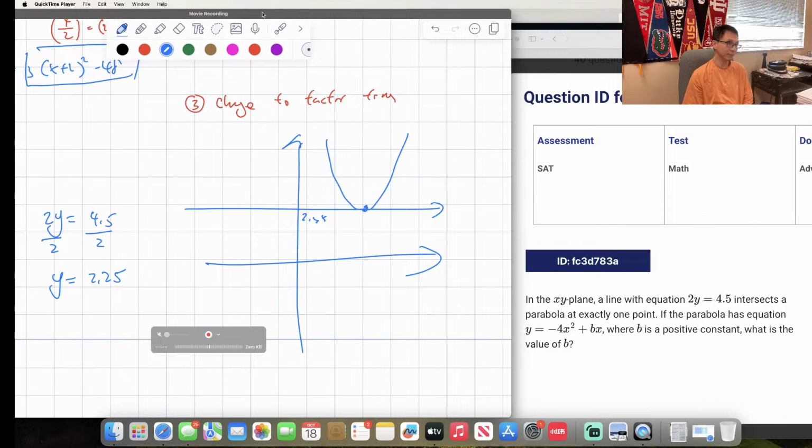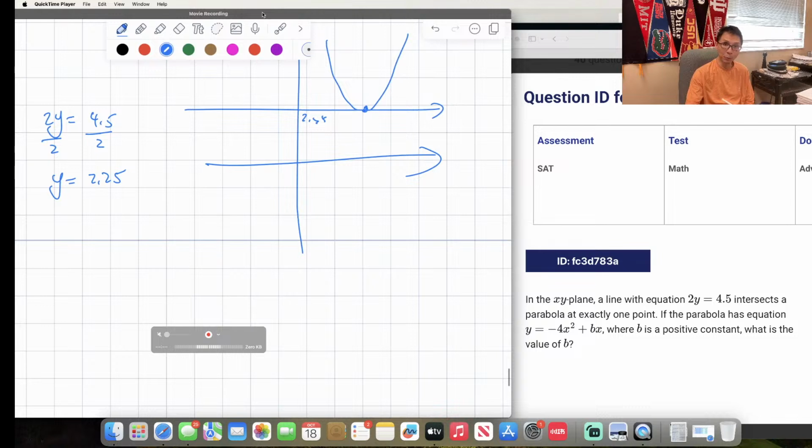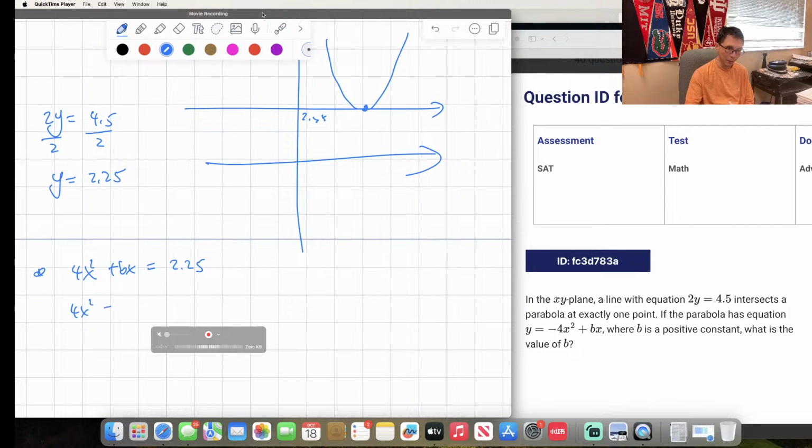Remember, we can set those two functions equal to each other. 4x squared plus bx is equal to 2.25. Move it to the other side because we always want to look at it this way.